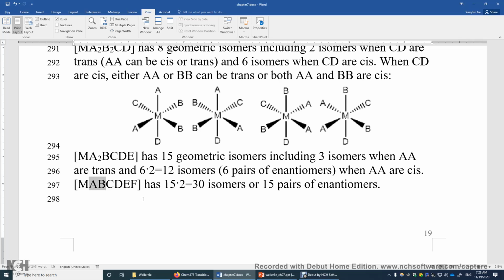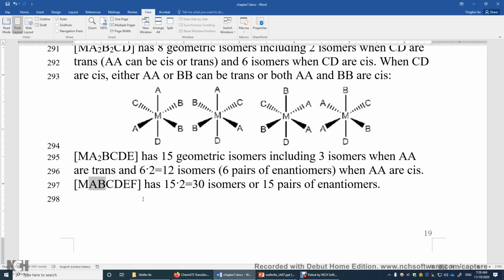It can be B or C or D or E or F on the opposite side to A. And then for each of the 5 options, you will have 3 options to arrange the remaining 4 ligands. Again, if the remaining 4 ligands are C, D, E, and F, then C and D can be on trans positions, C and E can be on trans positions, C and F can be on trans positions. So there are 5 times 3 different options, that's 15 options. So that means you can have 15 different arrangements of the 6 ligands.